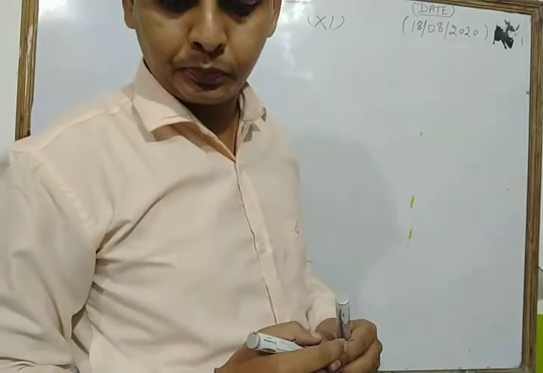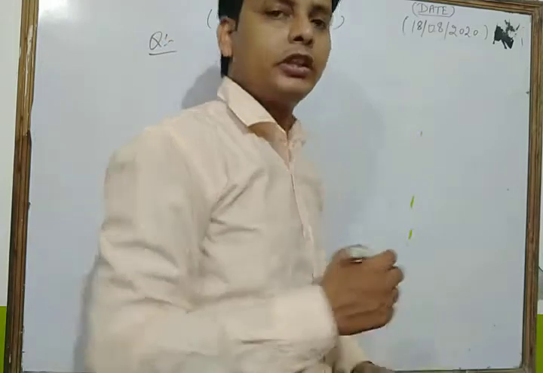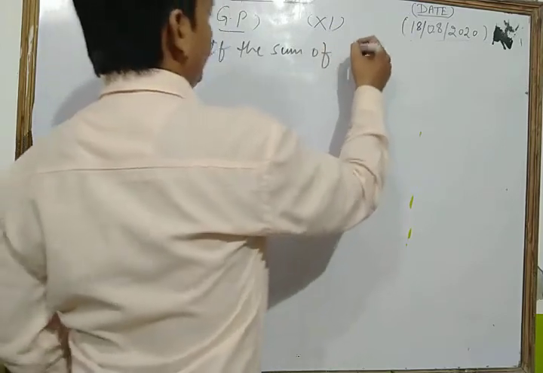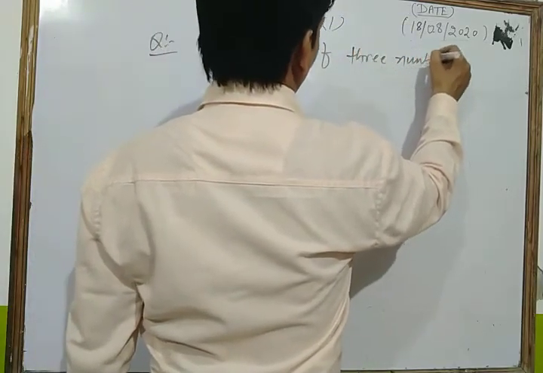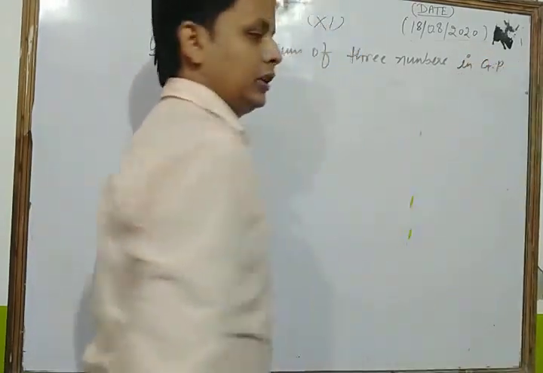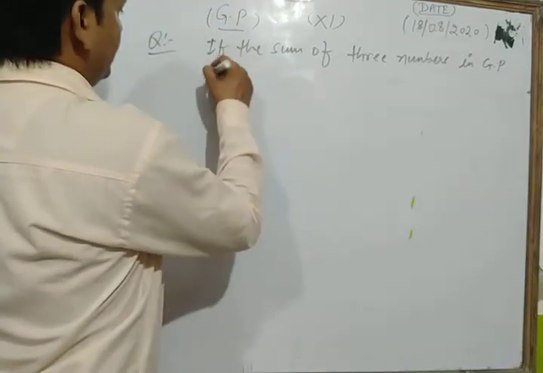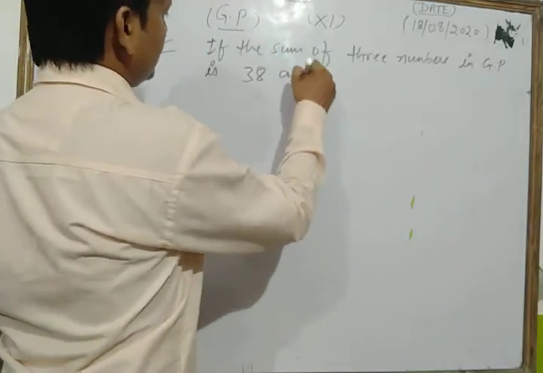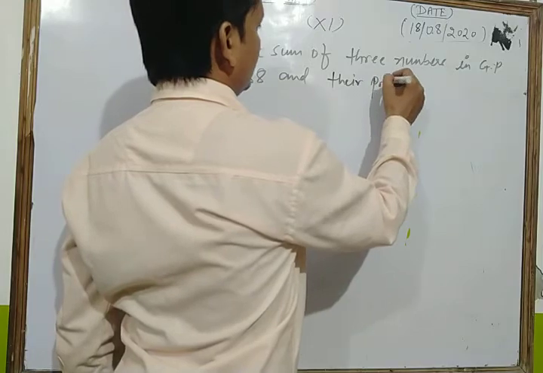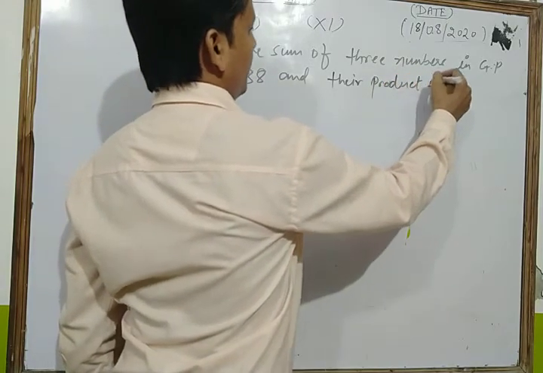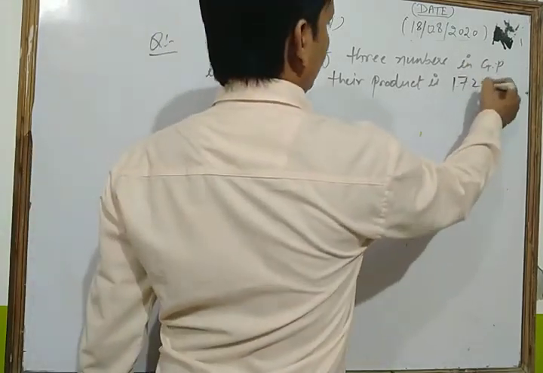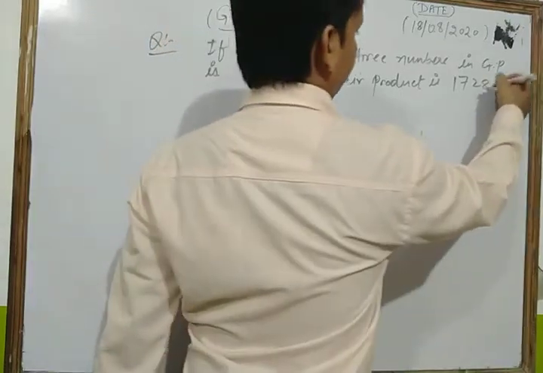Let's see the question: if the sum of three numbers in GP is 38, and their product is 1728, find them.